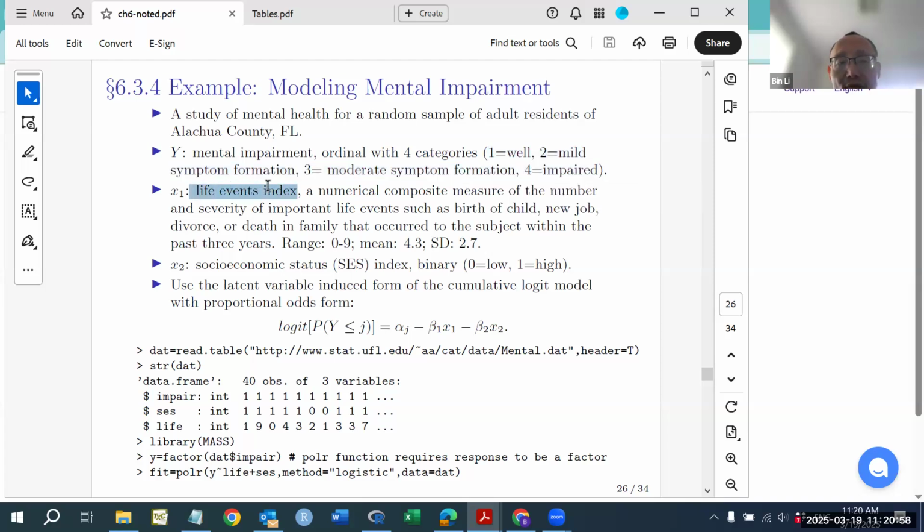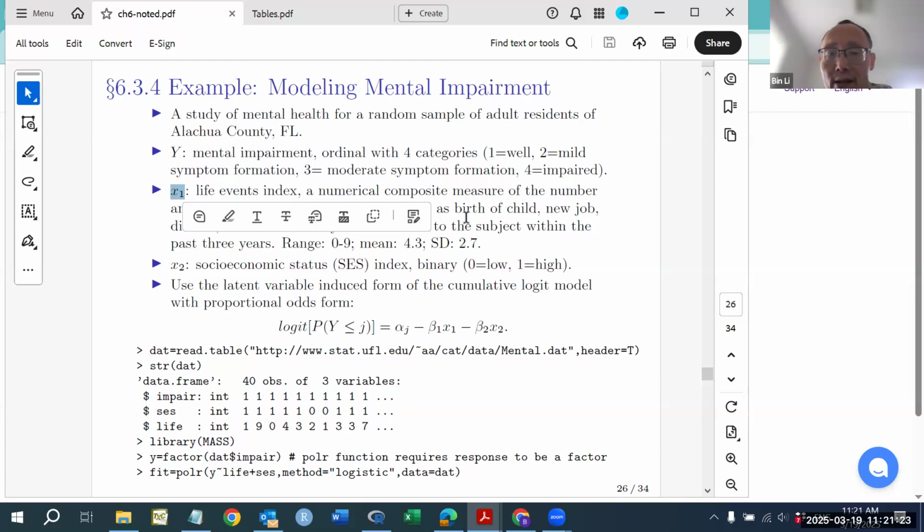X1 is the life event index. This is a numeric composite measure of the number and severity of important life events, such as birth of a child, new job, divorce, and like that. So the larger the X1, the more life events and the more severe the important life events.